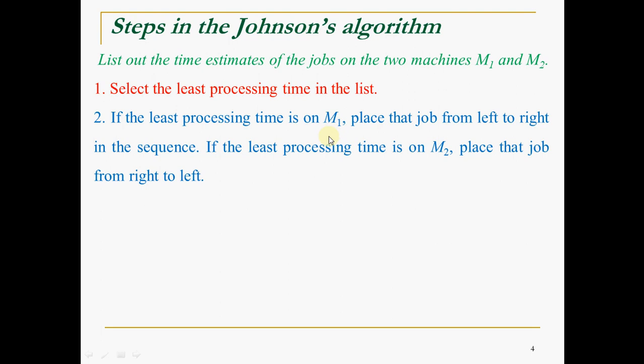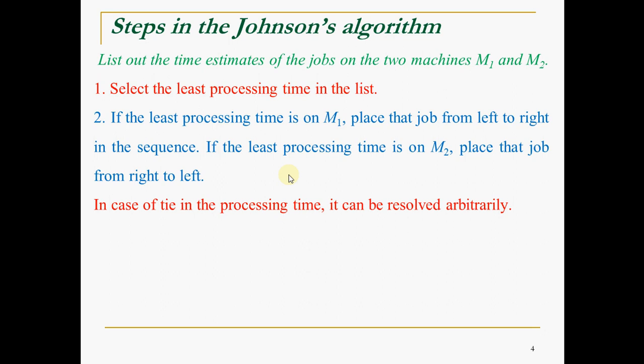If that least processing time corresponds to machine 1, you sequence that job from left to right, and if it corresponds to M2, you sequence it from right to left. In case of a tie in the processing time, it can be resolved arbitrarily, which we will discuss later.